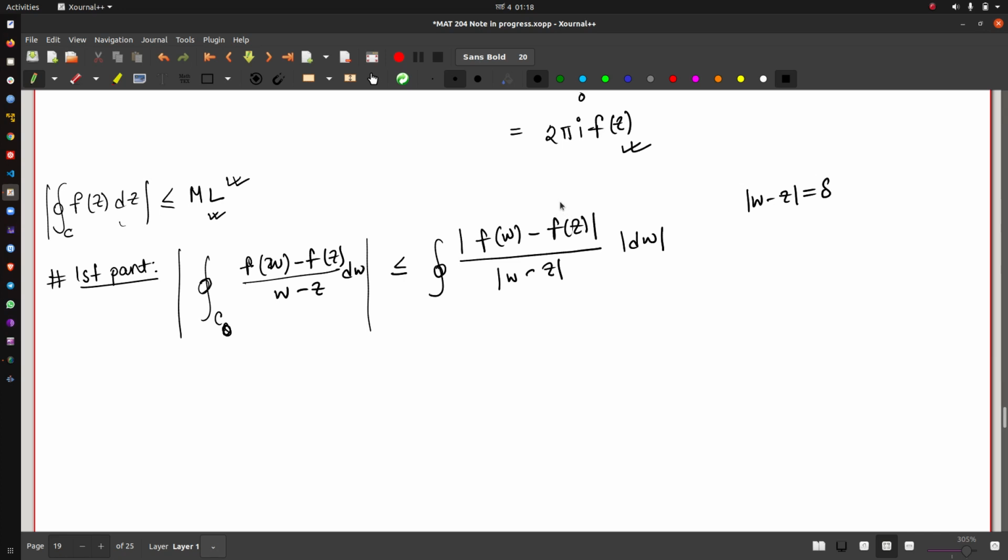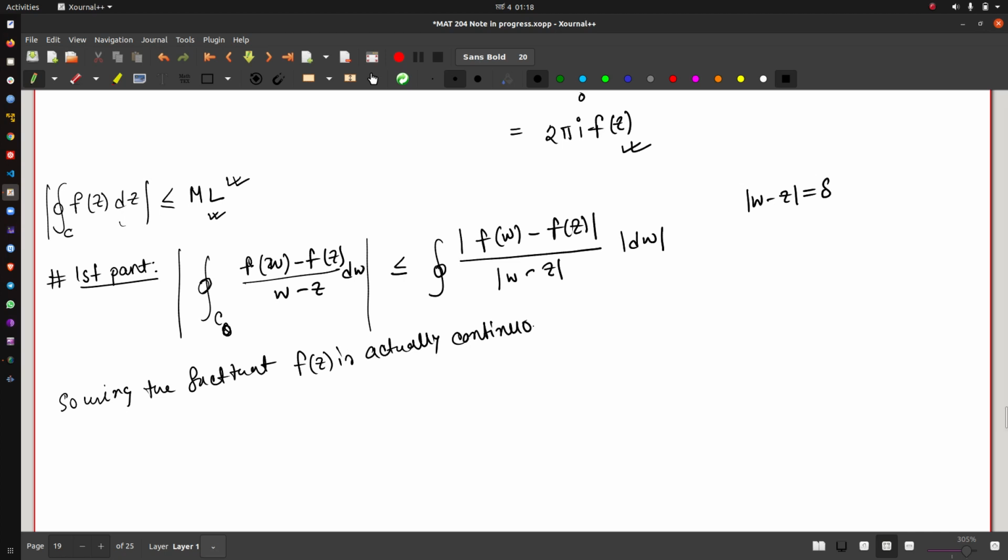So now in our hand what we have is the condition for continuity. Using the fact that f of z is actually continuous, what we should have is something like this.